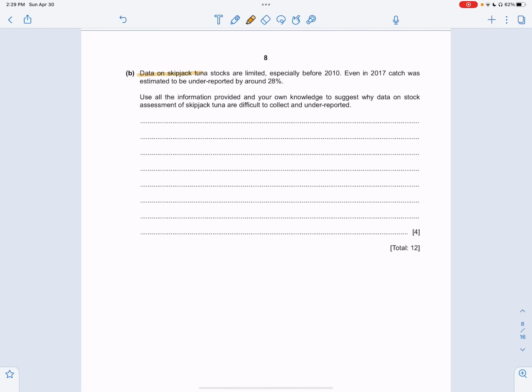Data on skipjack tuna stocks are limited, especially before 2010, and that could be because of technology. Maybe they don't have e-books or things like that. Even in 2017, catch was estimated to be underreported by around 28%. And remember, fishermen might be dishonest. They want to avoid fines.